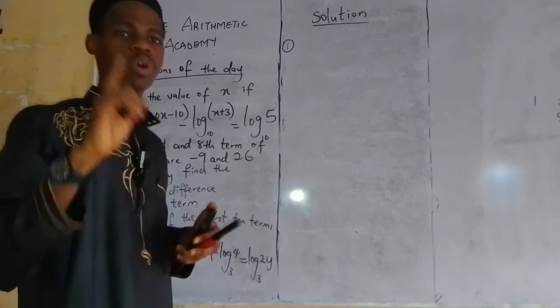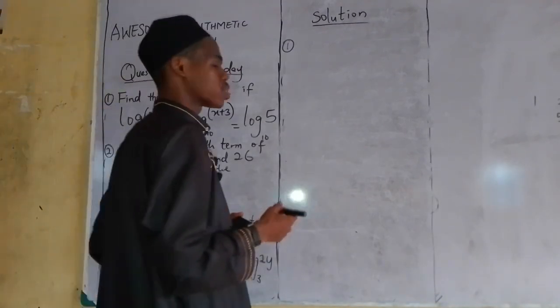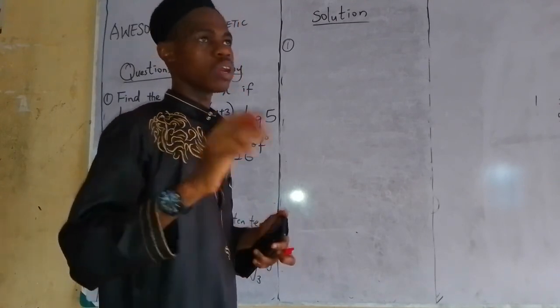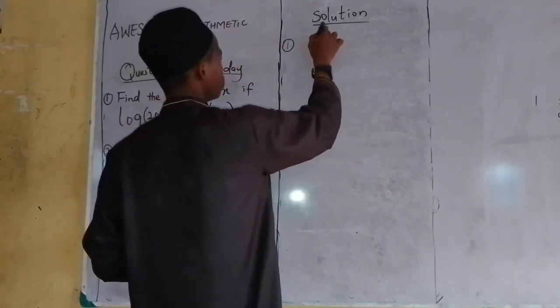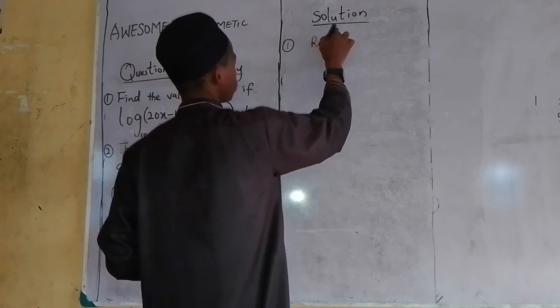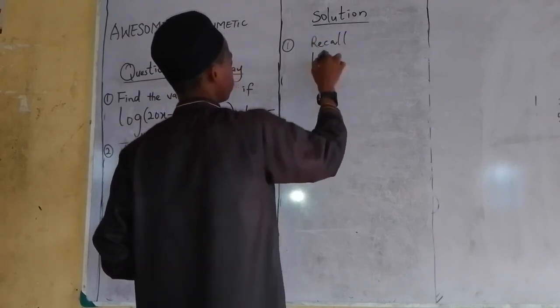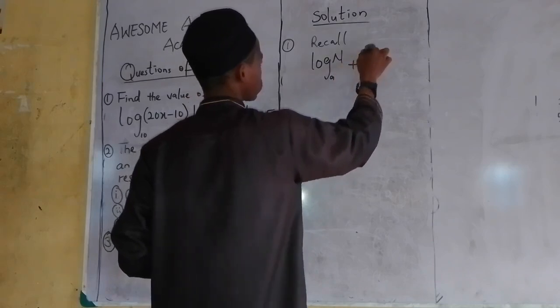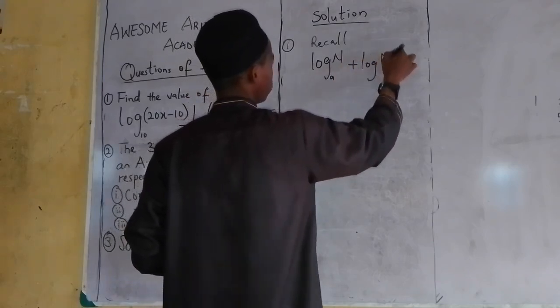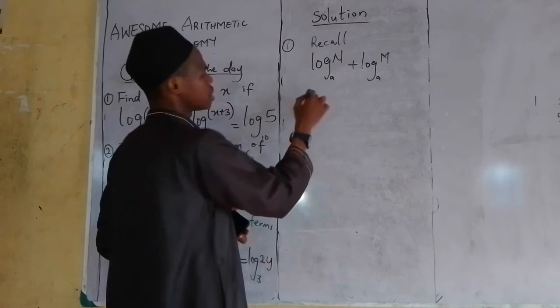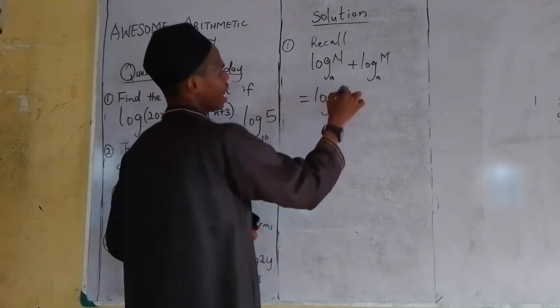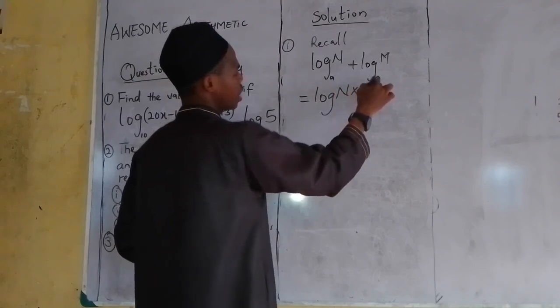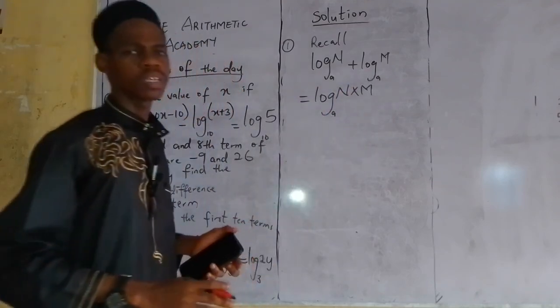The first thing that has to come to your mind is to remember those basic laws under logarithm. When I'm having log of m in base a plus log of n in base a, this is the same thing as log of m times n in base a; I will multiply them.